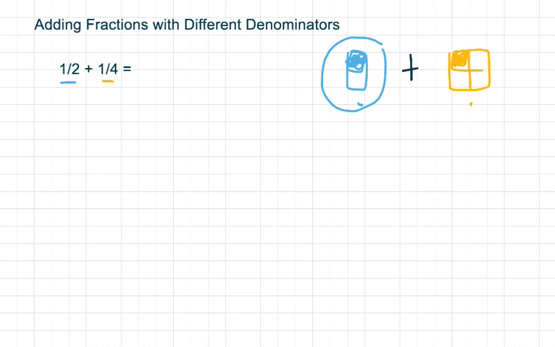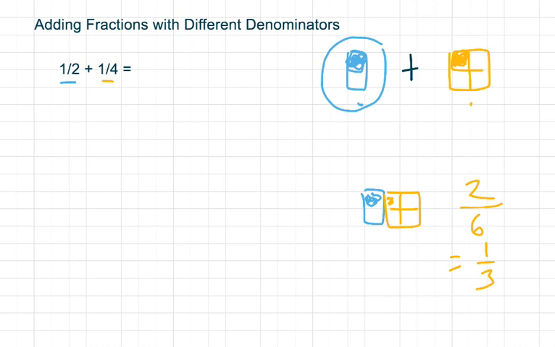If you were to add them together, you would get something that looked like this. You would have 1/2, and then you would add this over here, which is 1/4, and you'd end up with 2 out of 6, and 2 out of 6 reduces to 1/3, which is not the right answer, so that doesn't work.